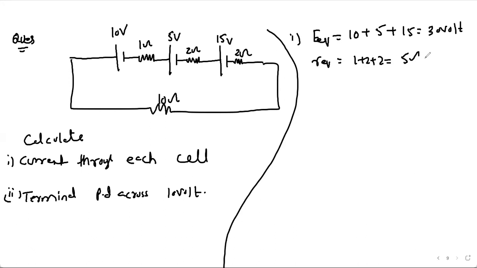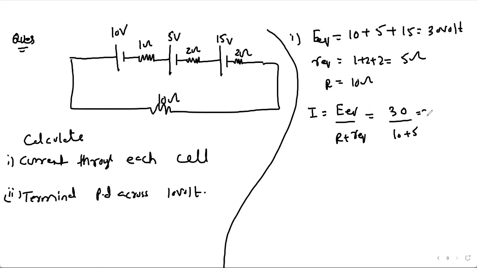It's 5 ohm. Your external resistance is 10 ohm only. So your current is equivalent EMF divided by external resistance plus equivalent internal resistance. Equivalent EMF is 30 volt. External is 10. Internal is 5. So it's 2 ampere.